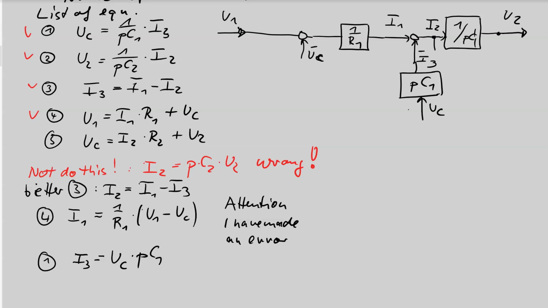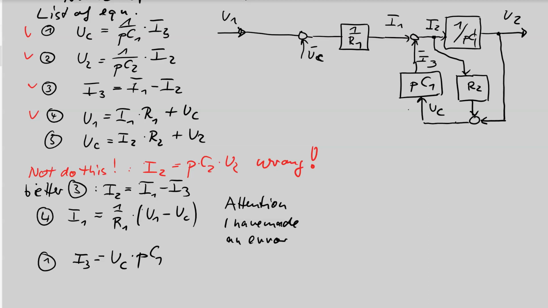Junction point, block function R2. Output is I2 times R2. Now I have to add U2. I take U2 to the summing point, and the output of this summing point is UC.